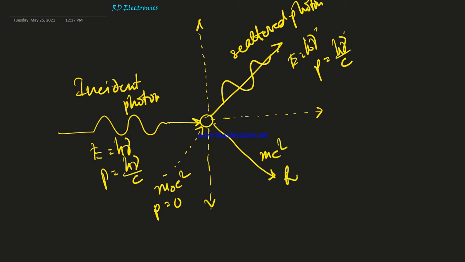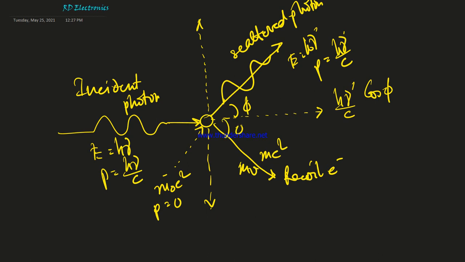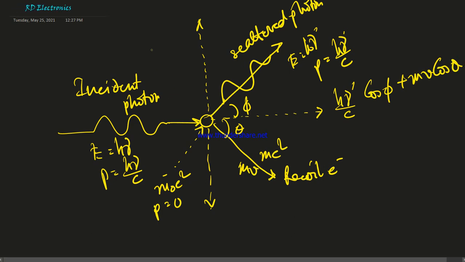This is the recoil electron, and its momentum equals m into v. So the horizontal component is h nu dash by c cos phi, because this is the angle phi, and this is the angle theta, plus mv cos theta according to the vector law. The vertical component equals h nu dash by c into sin phi, and this component is represented as mv sin theta.